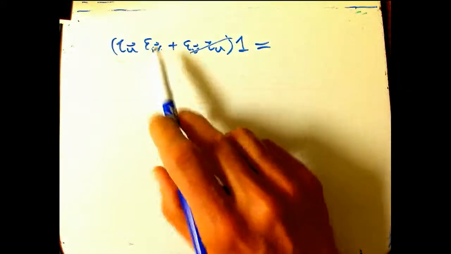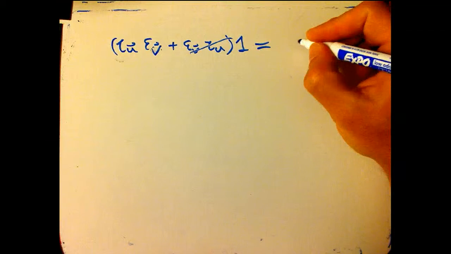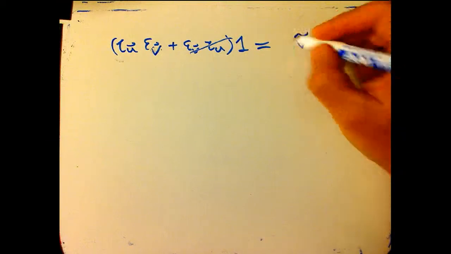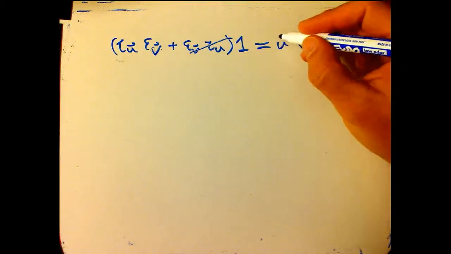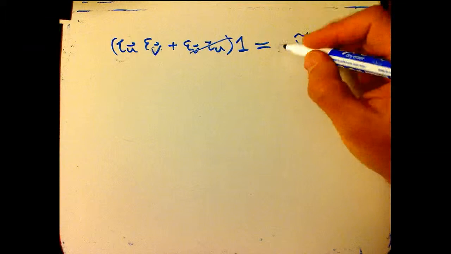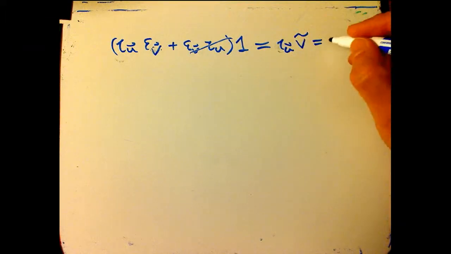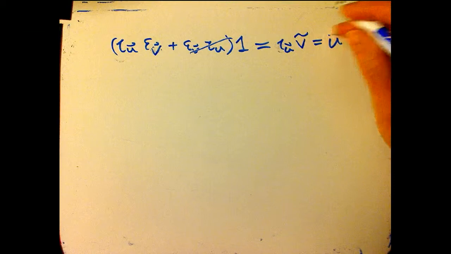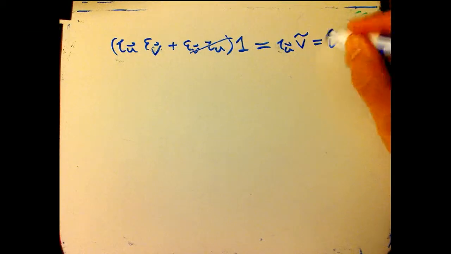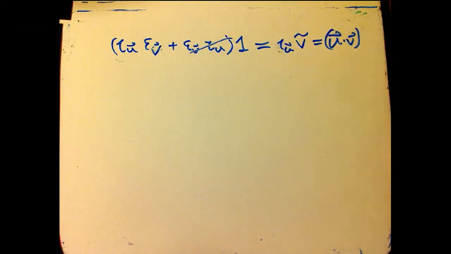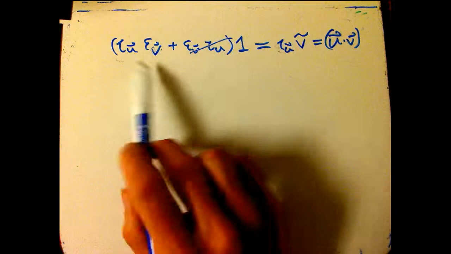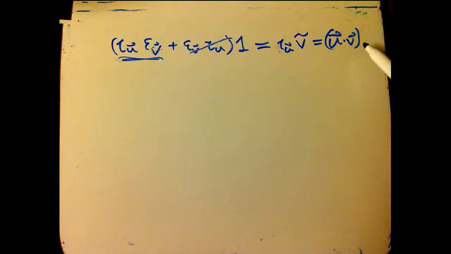Epsilon v on 1 just means wedge in v tilde to 1, so you just get v tilde. And then it's the interior product of that with u. That's just going to be u dot v times the scalar 1, which is just u dot v.